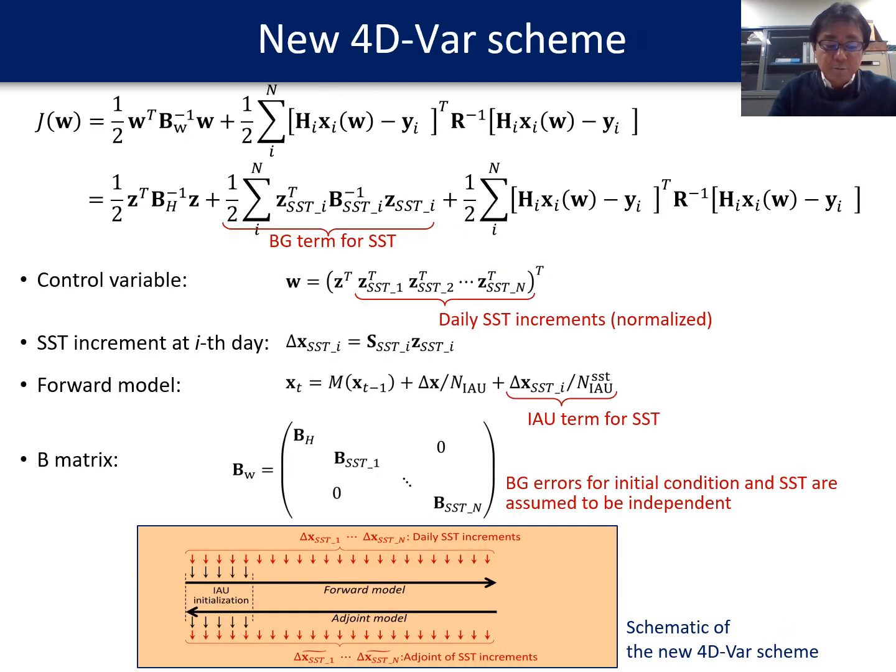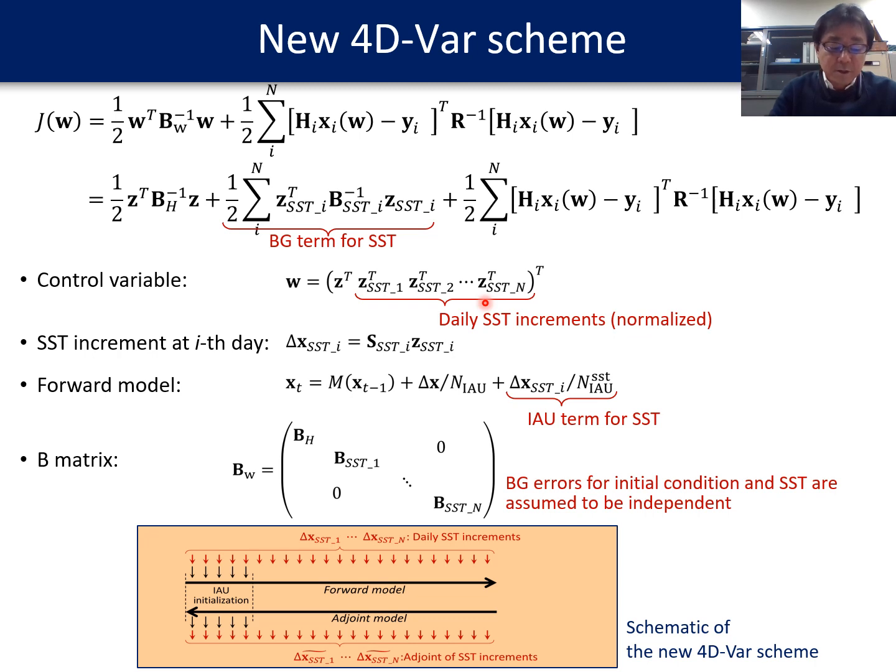So in the newly developed 4D-Var scheme, the control variable is extended to include daily SST increments like this, in order to represent detailed spatial and temporal SST variations. And we assume that errors of the daily SST are independent from the temperature and salinity increments to the initial condition.